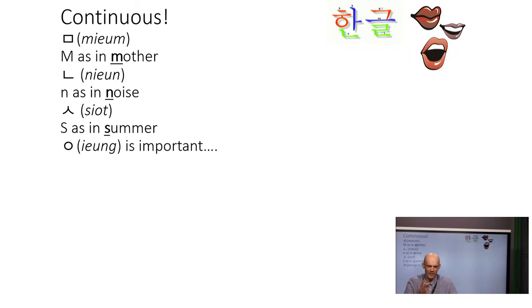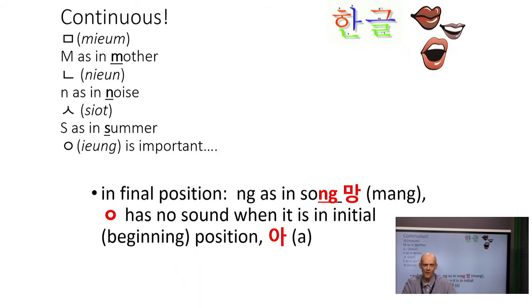And then ieung. Ieung's important because there are 2 very important pronunciations of this. When it's in the final position, it has a kind of sound, as in song. But when it's in the initial position, at the beginning of a syllable, there's no sound. So it's just ah here.